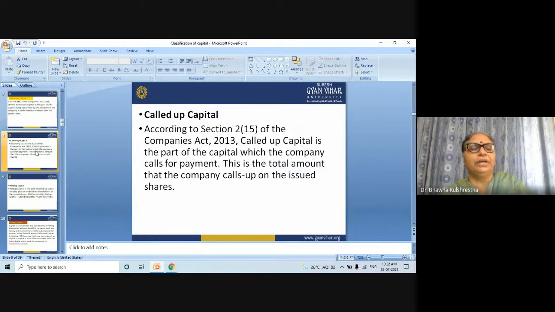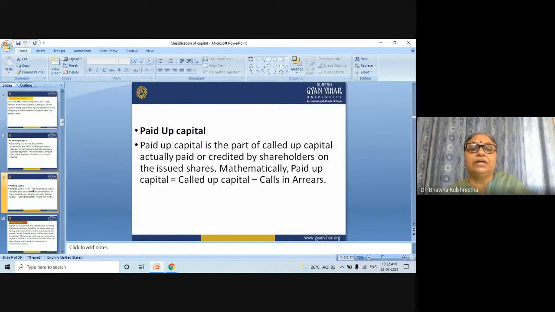And the next is paid up capital. Paid up capital is the part of called up capital actually paid or credited by shareholders on the issued shares. Mathematically, paid up capital is equal to called up capital minus calls in arrears.